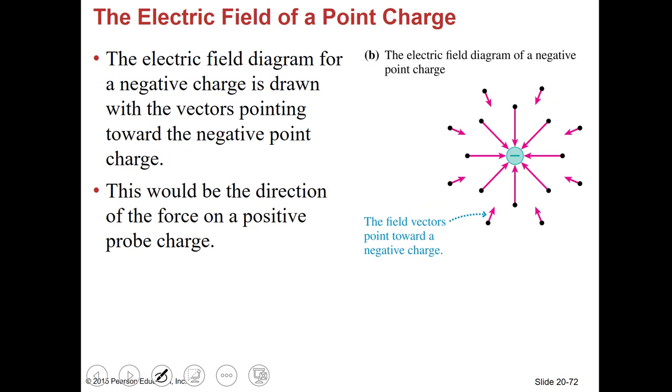Okay, negative charge, electric field lines point towards. And again, the farther you are from the charge, the smaller and smaller it goes. The electric field is proportional to 1 over R squared. So if you're twice as far away, the electric field strength would be 1/4 as much because you're squaring the factor there.